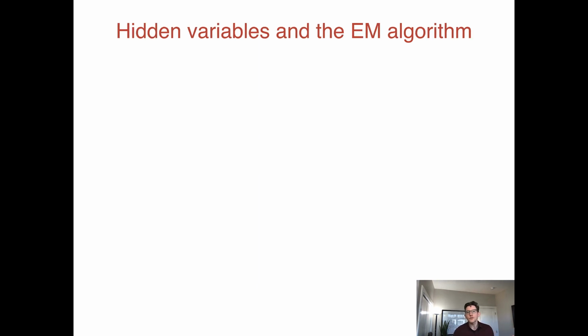Okay, so that's it for the EM algorithm. As I said, the EM algorithm comes up very often. It comes up when we have some kind of probabilistic modeling framework where we have hidden unobserved variables. That turns out to come up quite a lot.